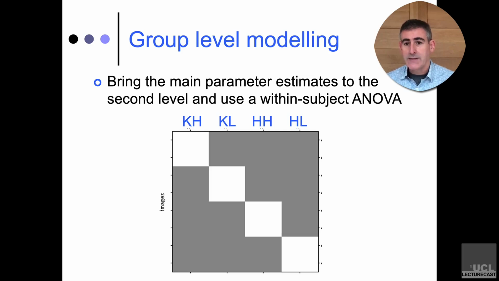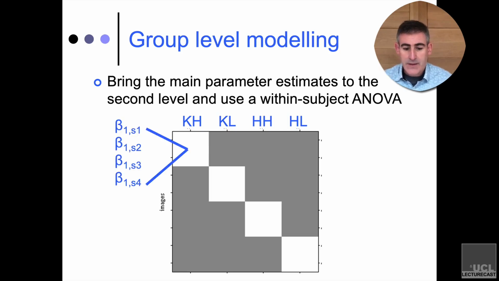But what you end up with is this relatively simple design matrix where you have the beta values, so let's just say that high familiarity kanji was our first condition, then that means beta 1 corresponds to words that are written in kanji and that are highly familiar to people. And let's just say you have, I only put 4 subjects because that's all I could fit in on the screen, but I think that there are, I don't know, 16 or something in the actual data set.